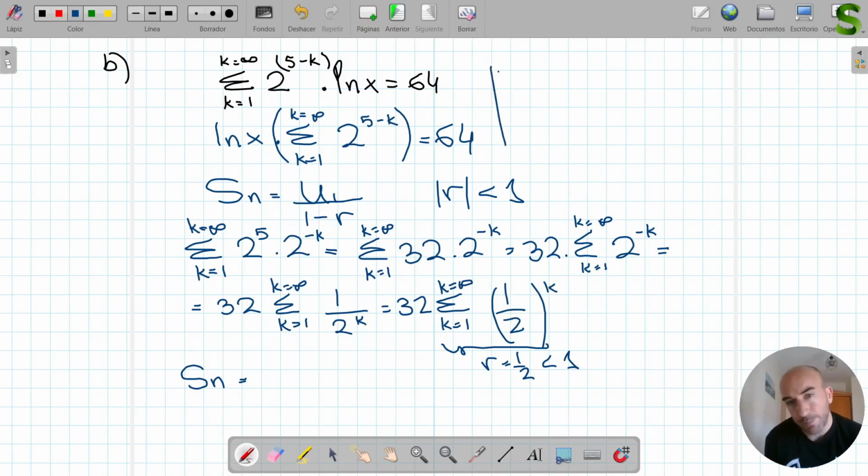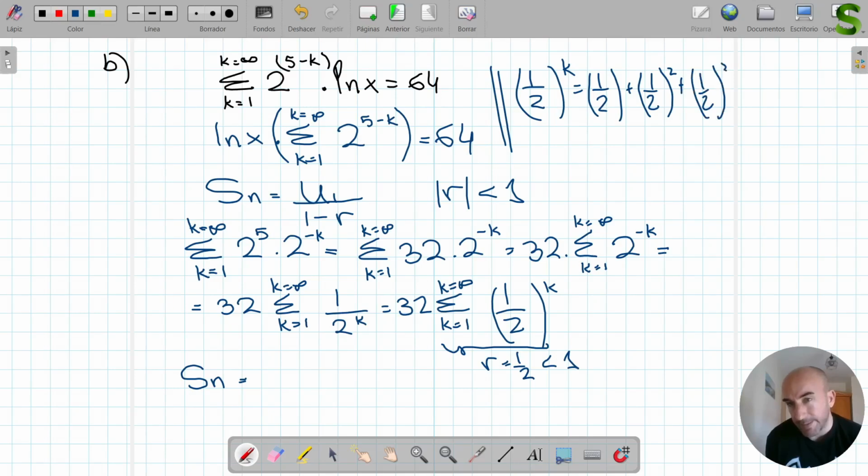Okay, so if we have this series here, the first term is a half to the power of 1, which is half. The second term is a half to the power of 2. The third term is a half to the power of 3, etc. So the first term is a half, and then we'll have 1 minus, and the common ratio is a half.